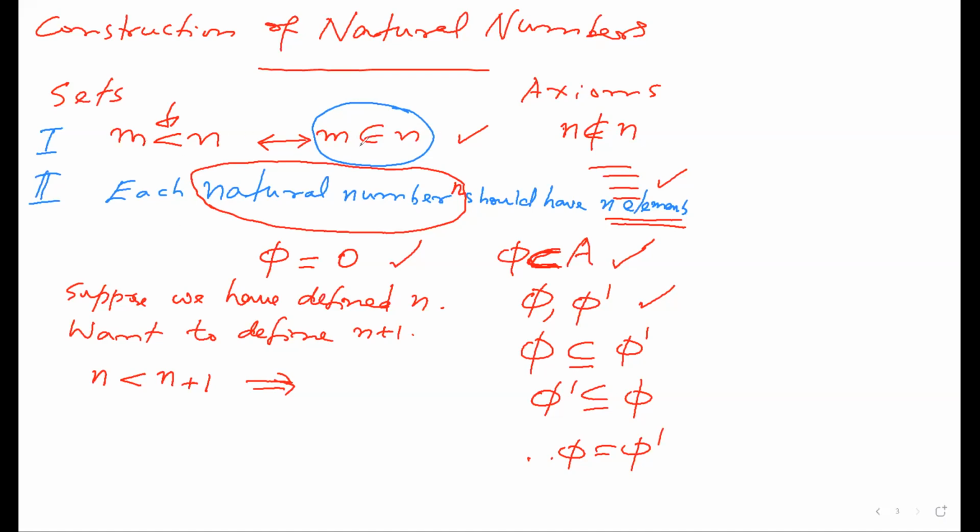According to this first principle, this will give us, Swasti. It will give us n is in n plus 1. Crazy. Remember, for us, numbers are sets. So, since we like to have this property of the natural numbers reflected in the sets representing them, we must have this by principle 1.